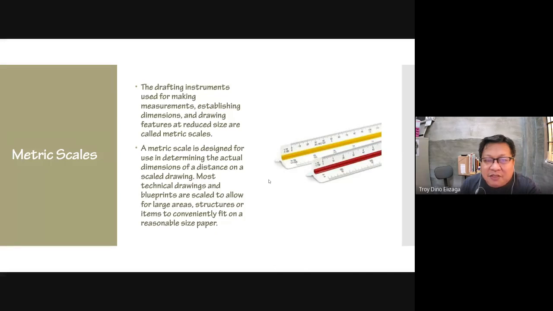So this is the metric scale, and then there's also what we call an architectural scale. It's funny because the architectural scale is in terms of English standards. So the scale is in terms of fractions. So 1:1/2, 1:1/4, and then we don't use that.